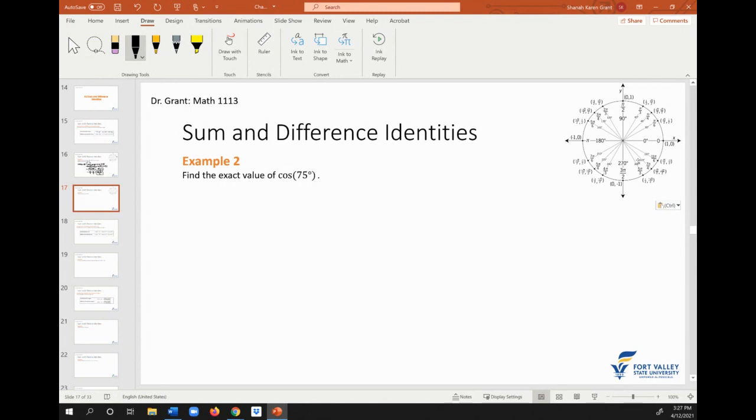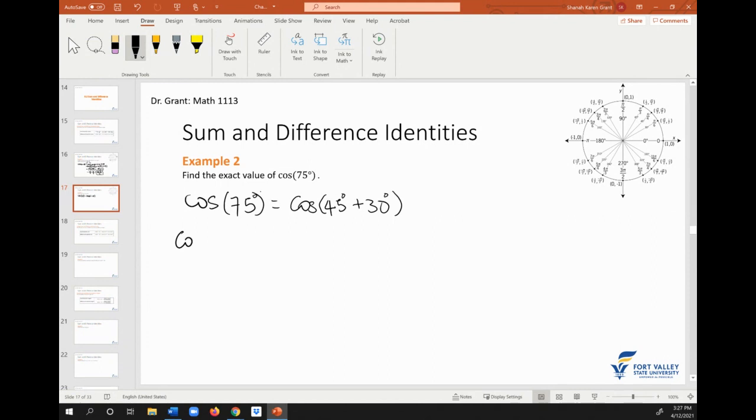But the quite obvious one is we can split this as, so I'm going to write cosine 75 degrees. We can split this as cosine 45 degrees plus 30 degrees, right? Because if I add those, I'll get 75. But now what I'll do is utilize my sum formula for cosine.